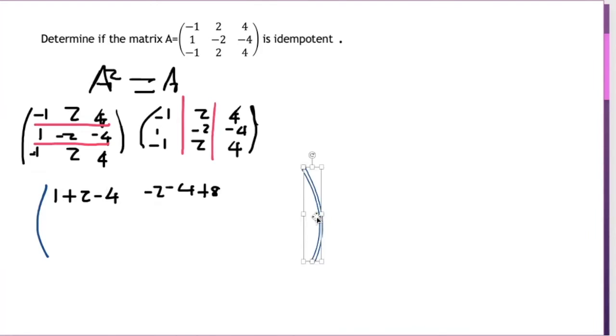Next, I will multiply the first row by the last column. So -1 times 4, that's -4. Then 2 times -4, that's -8. So I have my -8 here. Then 4 times 4, that's 16. So I will write +16.